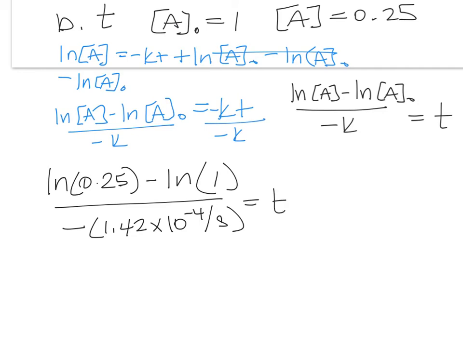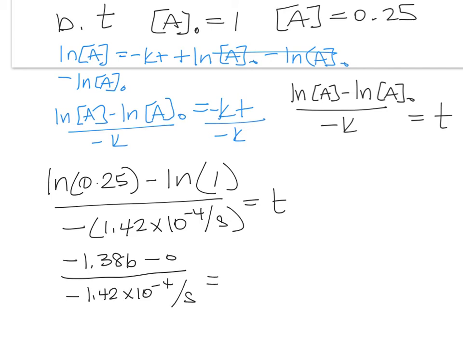All right, so I go ahead and resolve the logarithms here. ln 0.25 is equal to negative 1.386, and ln of 1 is 0. Okay, so I can just say minus 0 over negative 1.42 times 10 to the negative fourth per second.